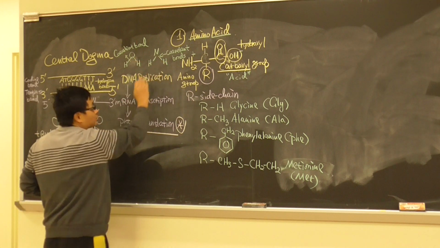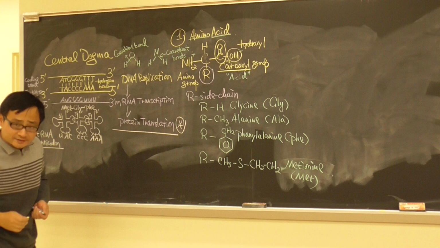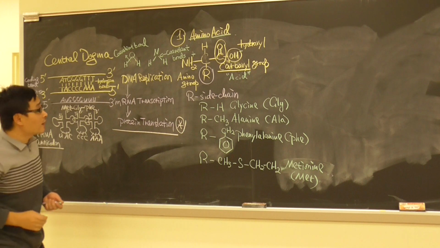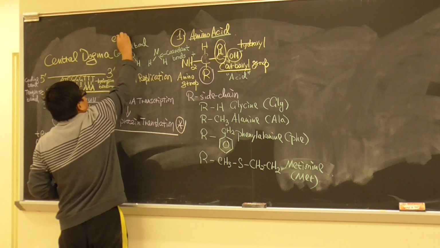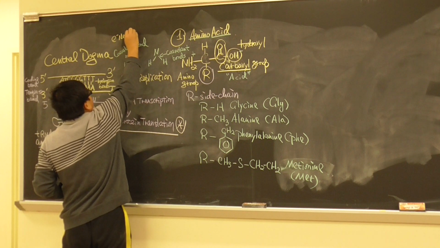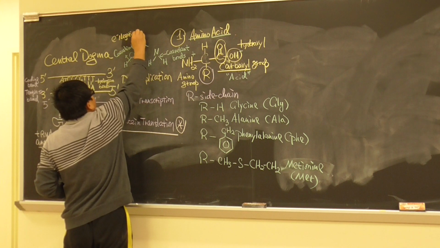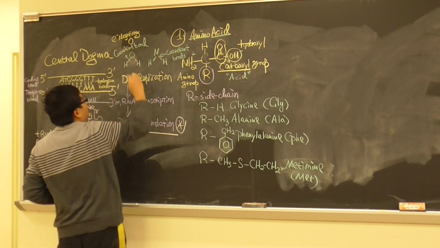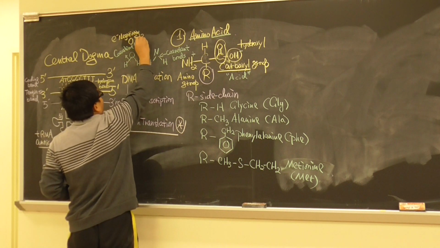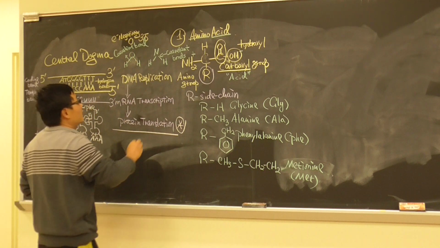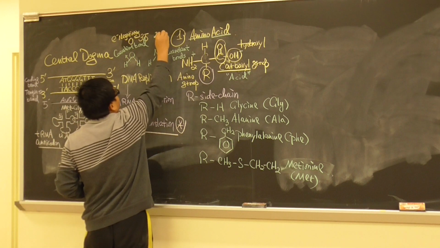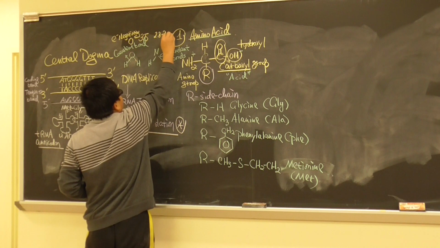But amino acid bases easily react sometimes. Why? Because the electronegativity of oxygen is 3.5, and the electronegativity of nitrogen is 2.8 to 3.0.